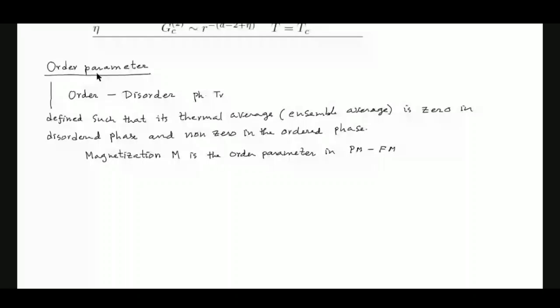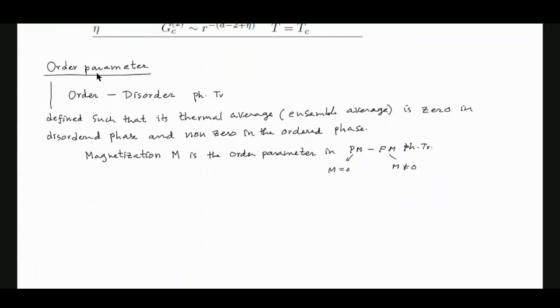In the paramagnetic phase, your magnetization is zero. In the ferromagnetic case, magnetization is not zero. The magnetization is essentially related to the sum of the spins. So this is what is called the order parameter.